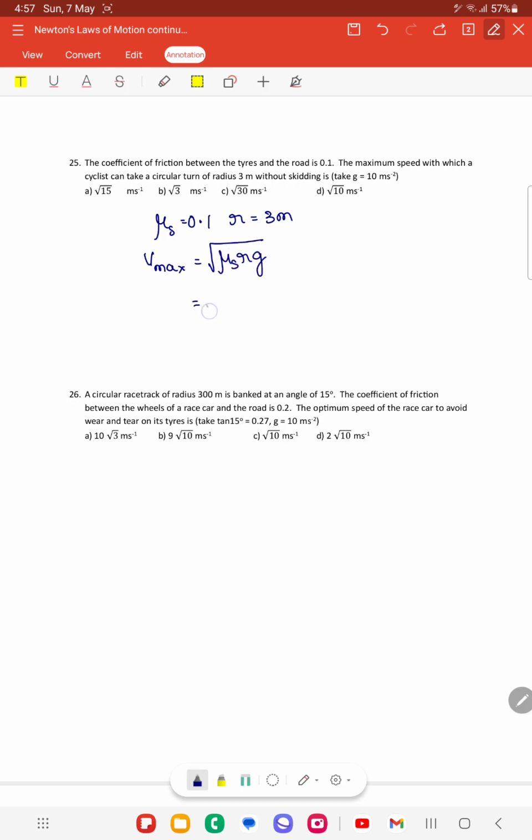So substituting the values, mu s is 0.1, r is 3, g is 10, that is root 3 meter per second. So answer B is the right answer.